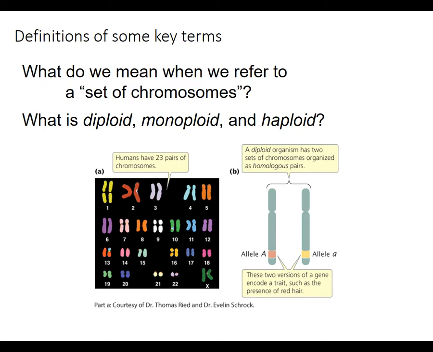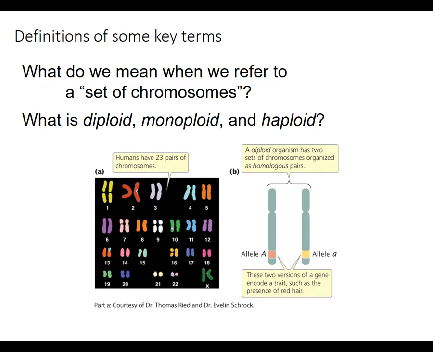And those terms, they are adjectives and they describe a cell. So diploid describes a cell. A diploid cell contains 2 sets of chromosomes. A monoploid cell contains 1 set of chromosomes.